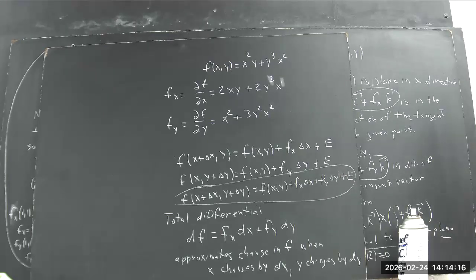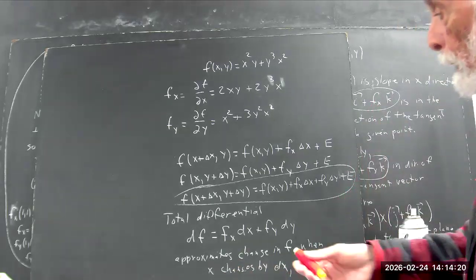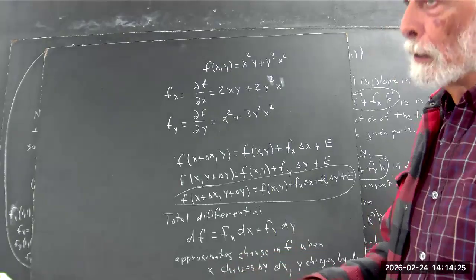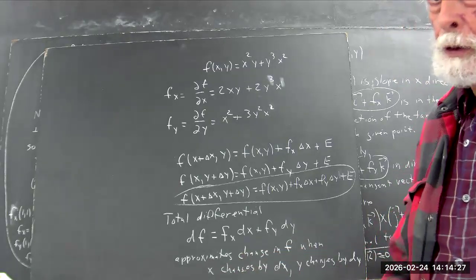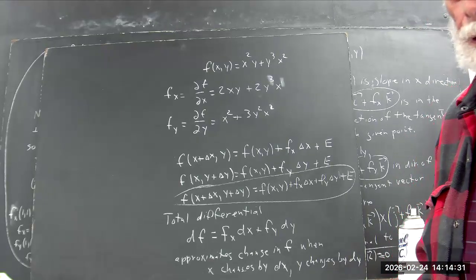It's closely related to the tangent plane, because this would be the change in our example where x changed by 0.1 and y changed by negative 0.2.